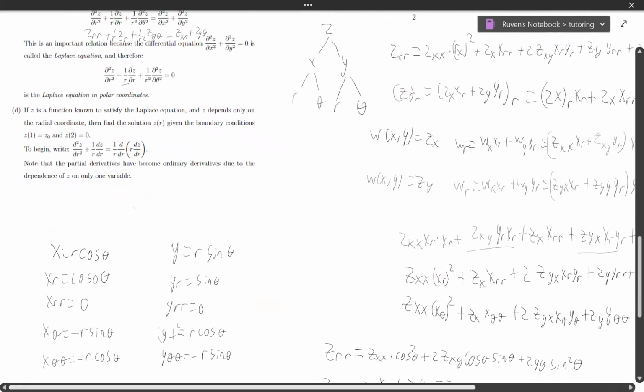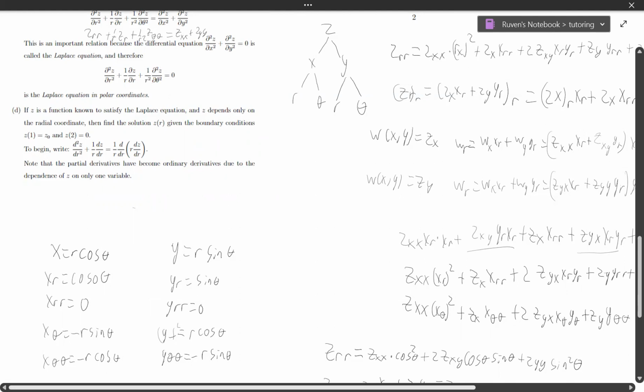Over here, what you're going to notice is that you're basically then going to use this fact that z is constant, so this disappears, and this disappears, so all you're left with is this, and that is equal to 0. So because z is constant, what am I saying?